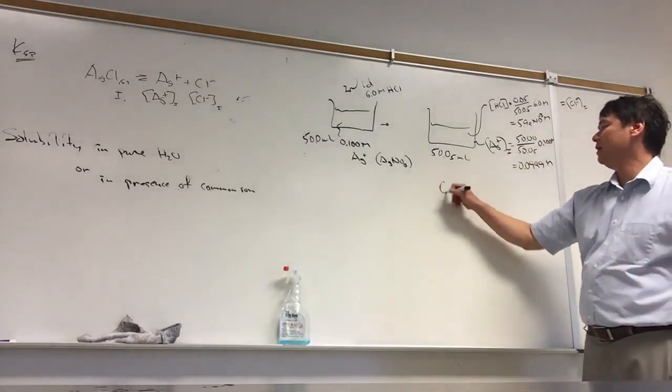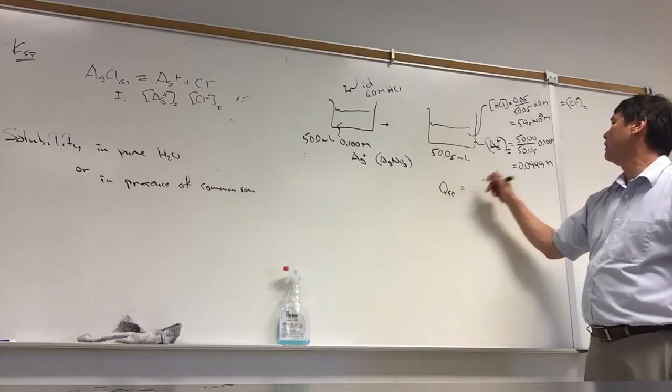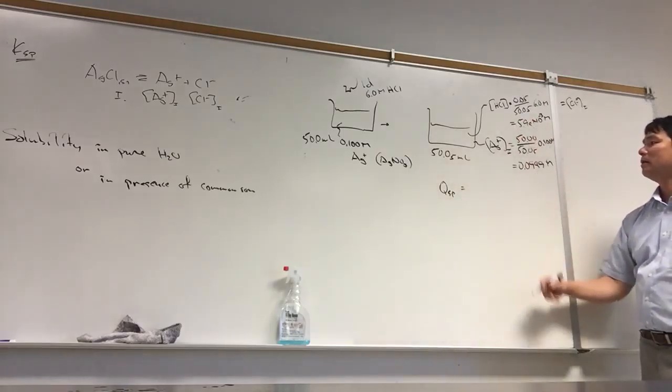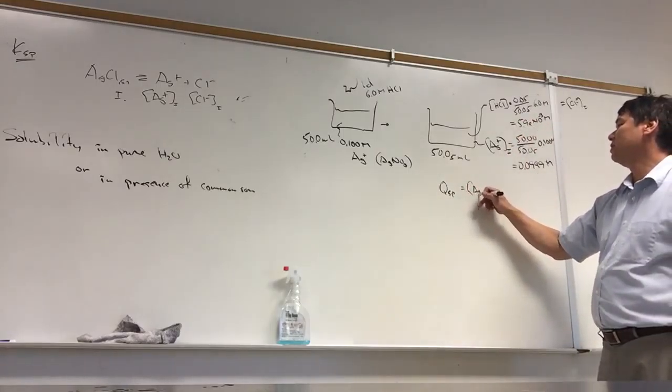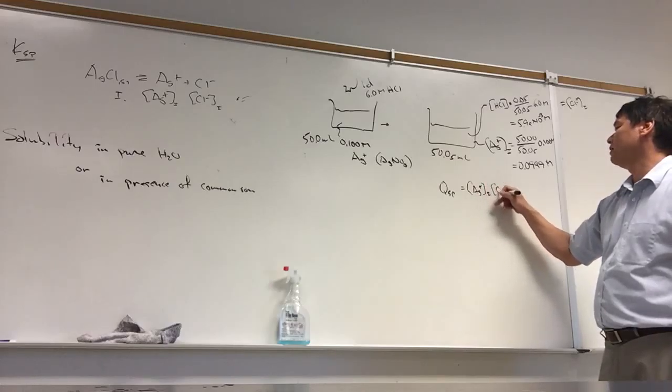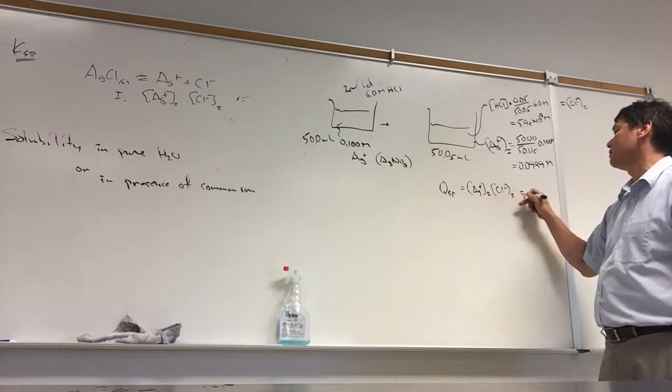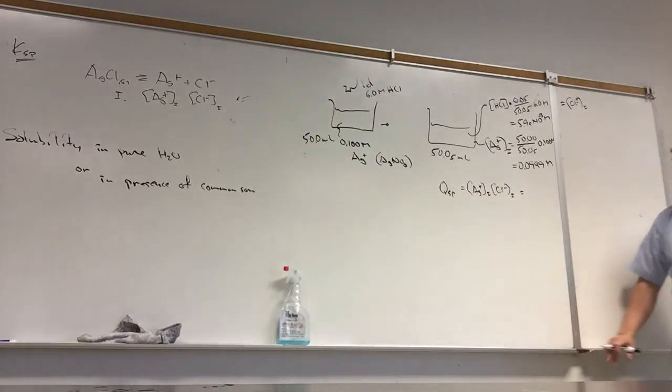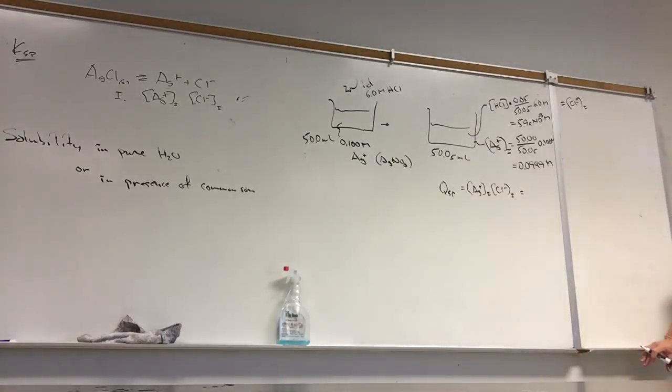We calculate QSP. We just multiply these together. It's just going to be the initial silver ion concentration times the initial chloride concentration, which gives us what for QSP?